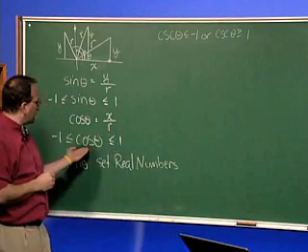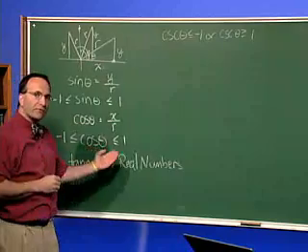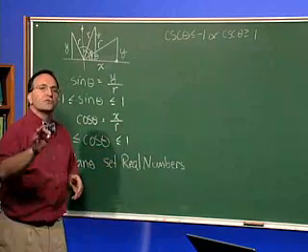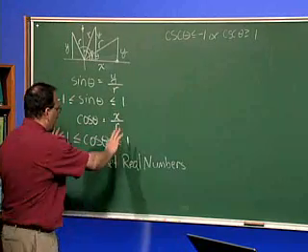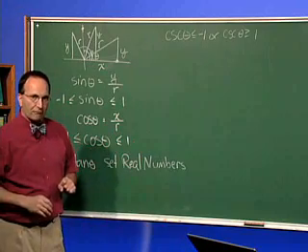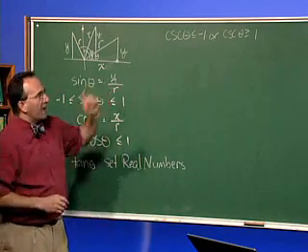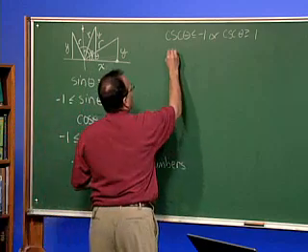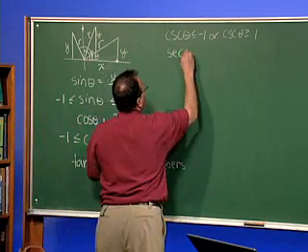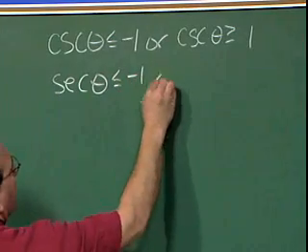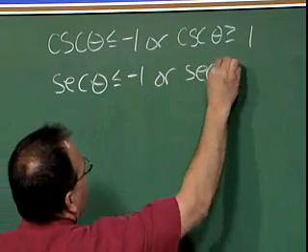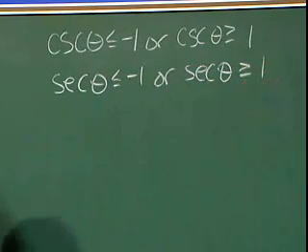You can see that once again, cosine needs to be between -1 and +1 inclusive, so the reciprocal has to be outside of that range. In other words, secant theta has the same range as cosecant theta. So secant theta is less than or equal to -1 or greater than or equal to +1.